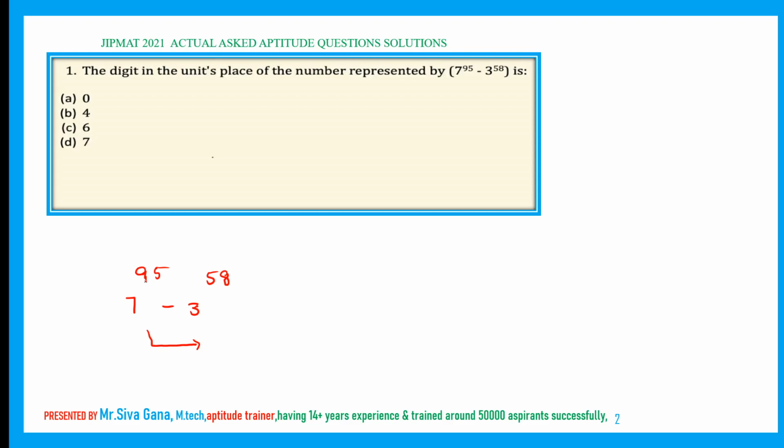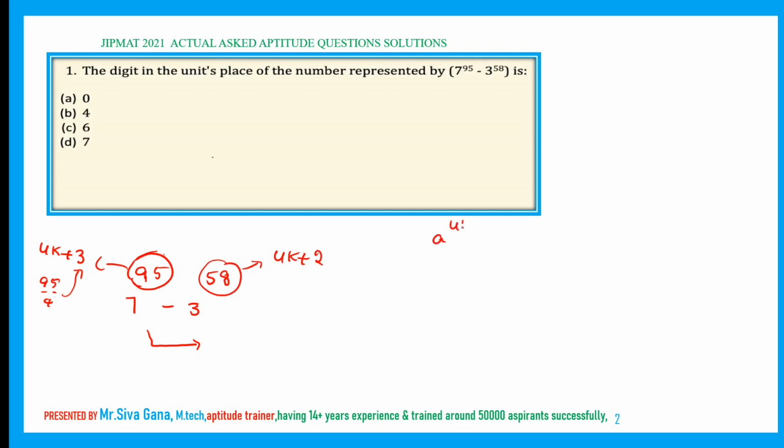7 power 95 minus 3 power 58. Now the power is in which form? This is in 4k plus 3 form, because by dividing 95 by 4, you get the remainder 3. Similarly 58 is in 4k plus 2 form. I already explained about unit digits.